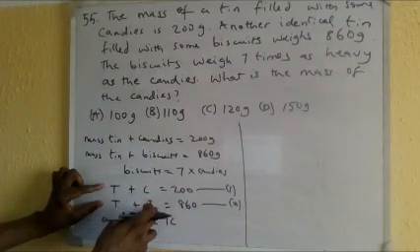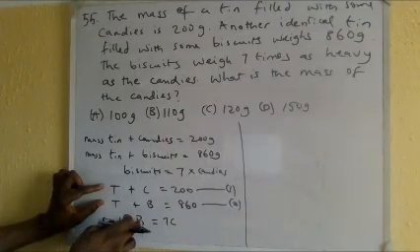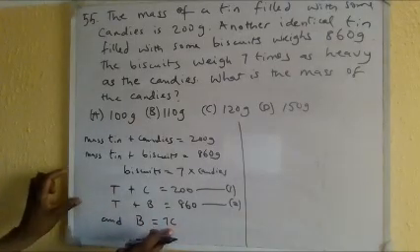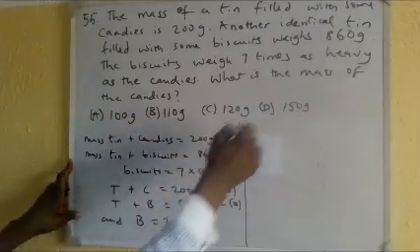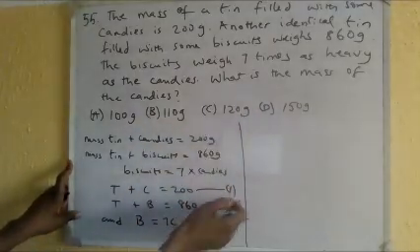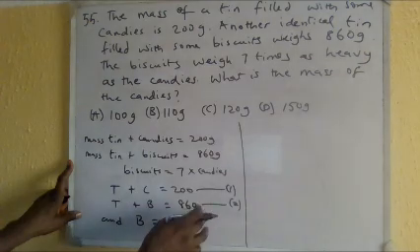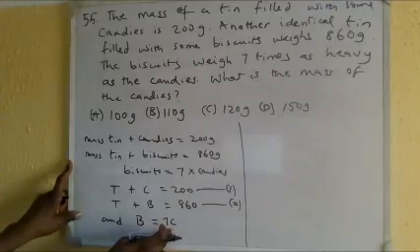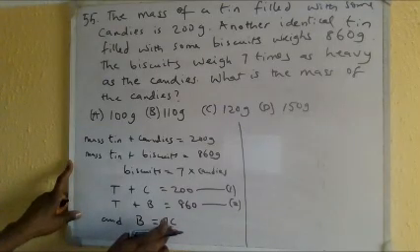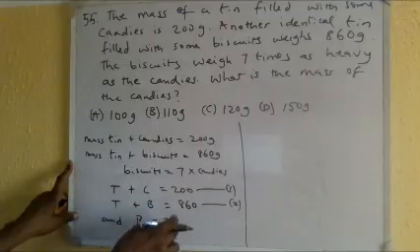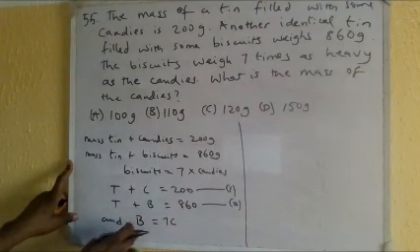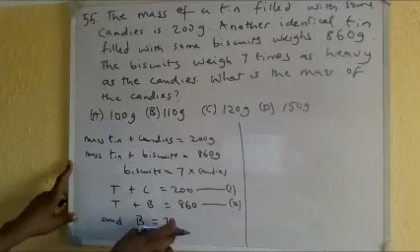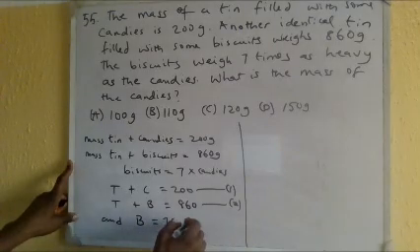And they said the relationship between biscuit and candy is 7C. So when I'm writing equation 2, I will replace B with 7C because they say B is equal to 7C. B is biscuit and 7C is 7 times candy. They say biscuit is weighing 7 times as heavy as candy. Let me call this one 3, but I'm working on 1 and 2.